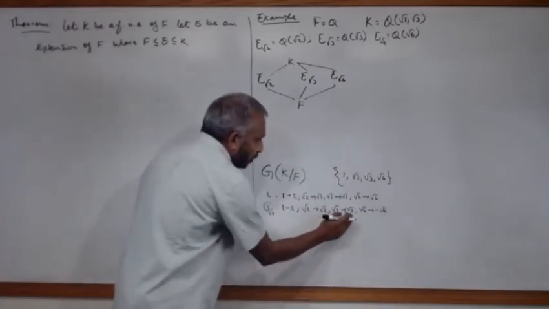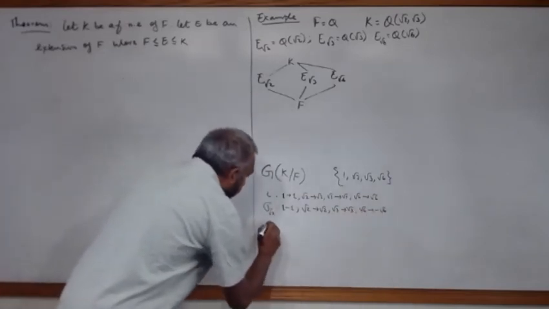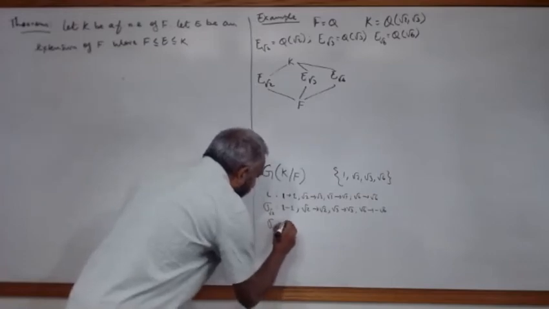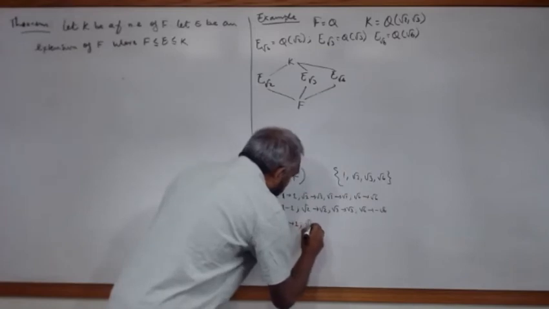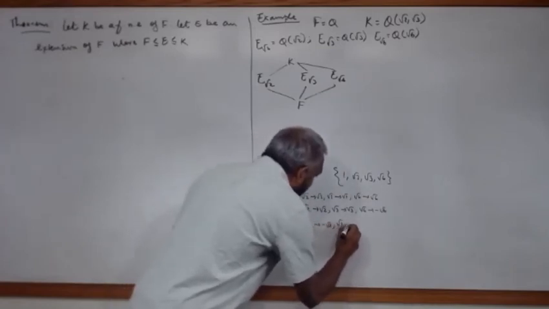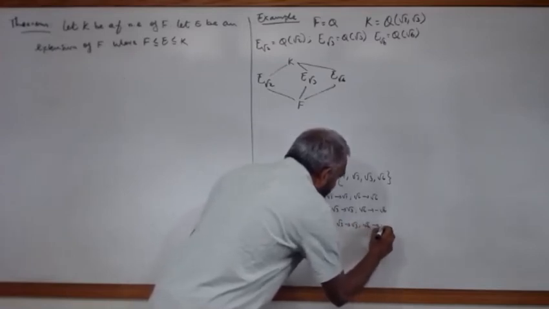Root 3 goes to minus root 3, root 6 goes to minus root 6. And sigma root 3, 1 goes to 1, root 2 goes to minus root 2, root 3 is unchanged, and so root 6 is going to be changed.